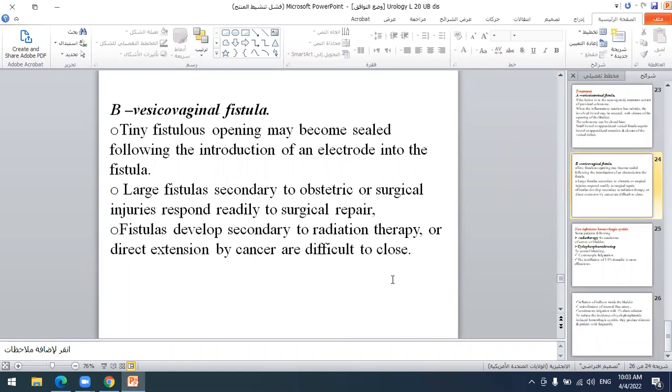VVF. Tiny fistula openings may become sealed following the introduction of an electrode into the fistula.